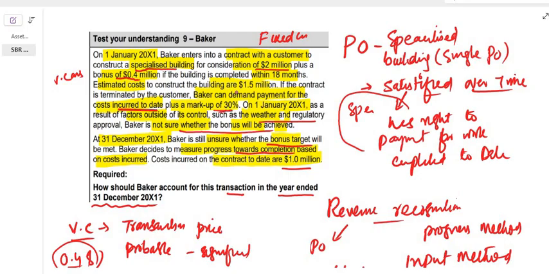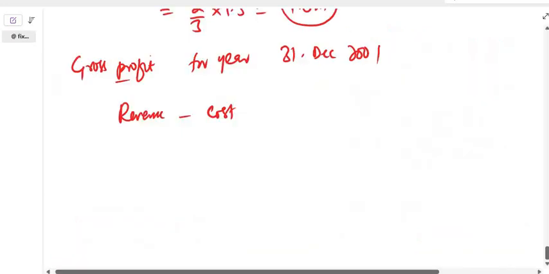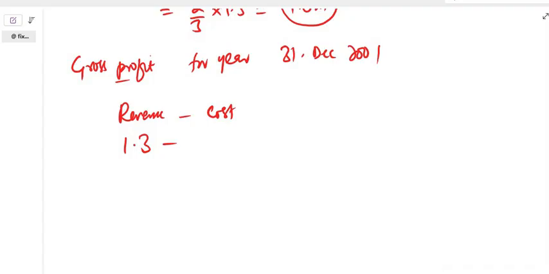So cost incurred to date was 1 million plus 30%, then your revenue will be 1.3. Clear? So the revenue is 1.3 and the cost we have calculated is 1. So the gross profit will be 0.3 million.